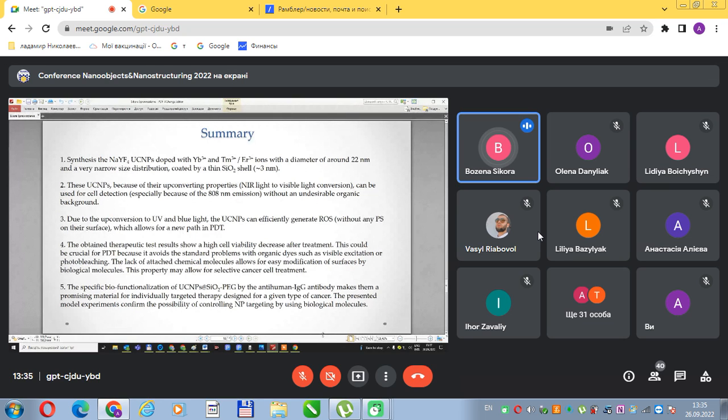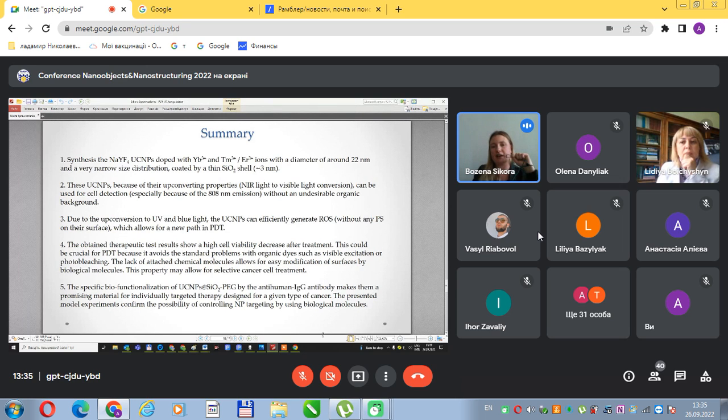Due to the upconversion to ultraviolet and blue light, the nanoparticles can efficiently generate reactive oxygen species without any photosensitizer on their surface. And the obtained therapeutic test results showed a high cell viability decrease after treatment.